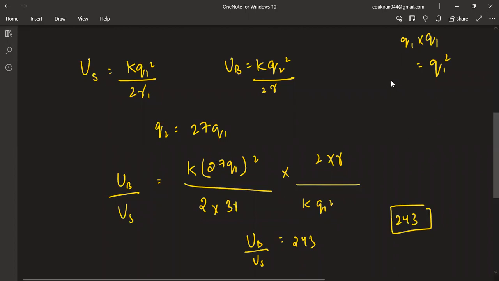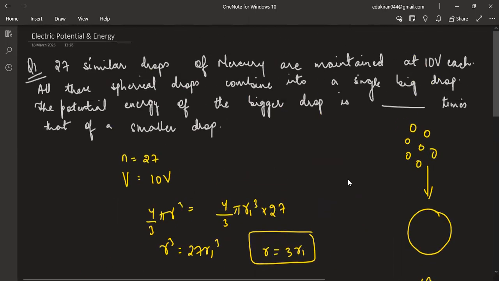Ma'am, why 2R? Because of potential energies, right? You are writing the total energy this time. Here you are considering the total energy. When we write the potential energy formula, remember the total formula at the end, you get K Q1 Q2 by 2R.